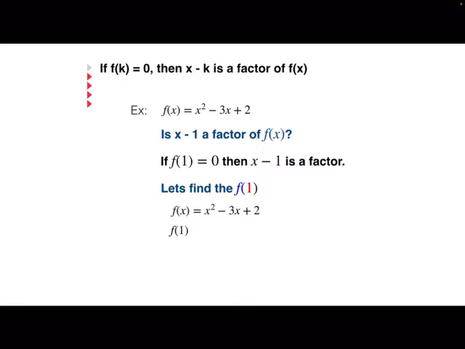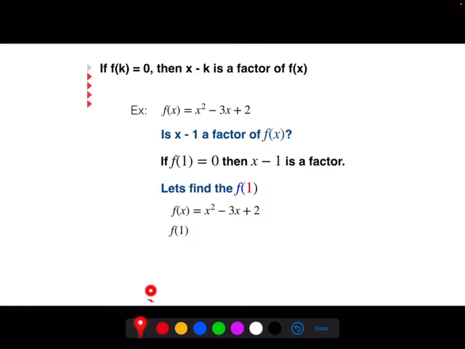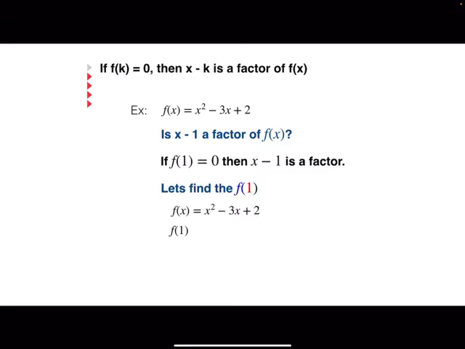So here we go. Again, I've got my function here, x squared minus 3x plus 2. I want to find the f of 1 and see if it equals 0. And so all I have to do is find the f of 1. Every place I see an x, I'm going to put in the value 1, and I've done that.